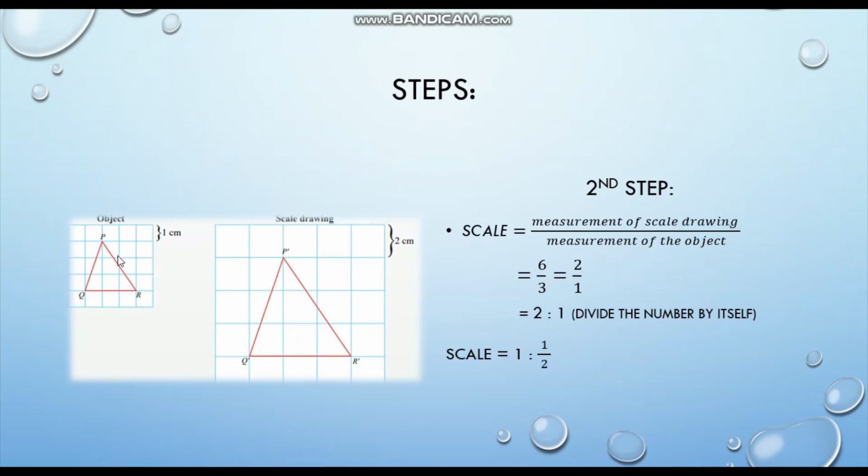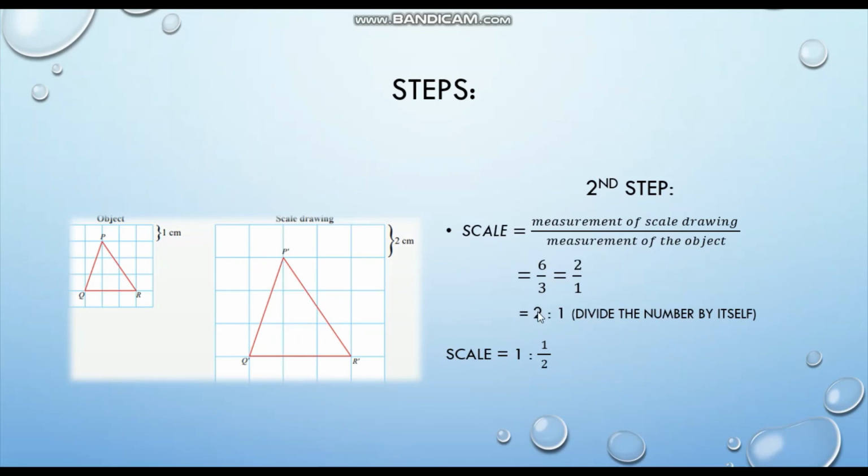We can calculate it 1 2 3, and that is equal to 6 over 3. And then we simplify it into simplest form, which is 2 over 1. And then we convert it once again into ratio, that is equal to 2 to 1.